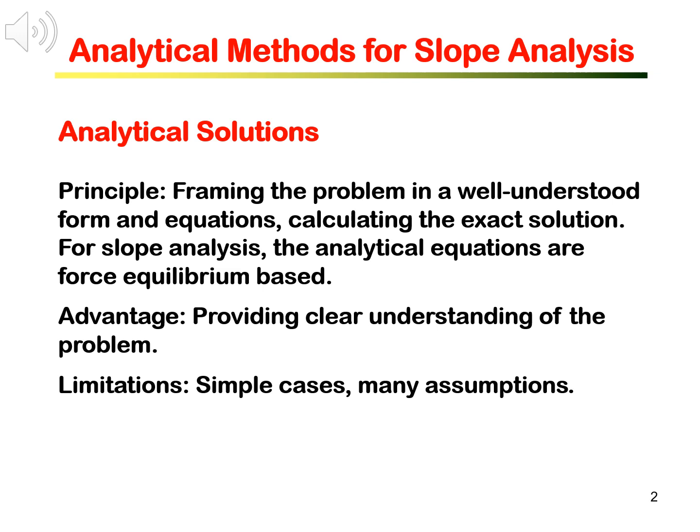Since the analytical method involves defining and framing the problems in well-understood forms and equations, it provides a clear understanding of the problem. With analytical solutions, we have the advantage of knowing the specific reasons and the parameters leading to slope failure.